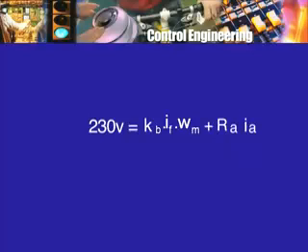Now of this we know kb is the back EMF coefficient, now per ampere of field current per RPM of speed. So it is not just volts per RPM. That was the case with capital KB into omega m. Now it will be volts per RPM, or radians per second, per ampere of field current.